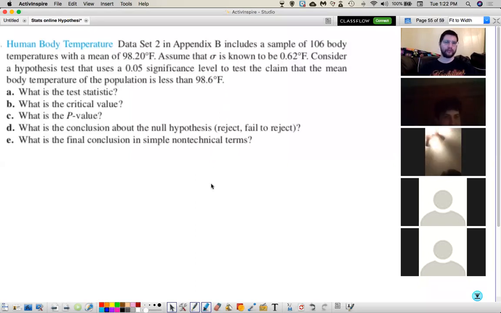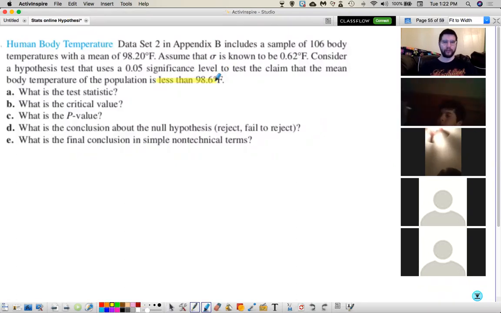And we're going to start with this one. Another data set from the back of the book. A sample of 106 body temperatures with a mean of 98.20 Fahrenheit. Assume that sigma is known to be that. Consider a hypothesis test that uses a 0.05 significance level to test the claim that the mean body temperature is less than 98.6.